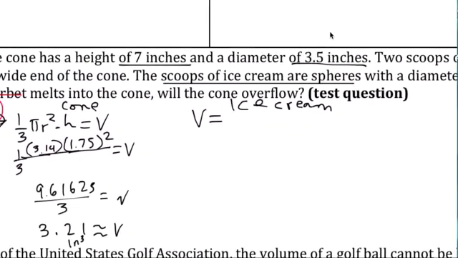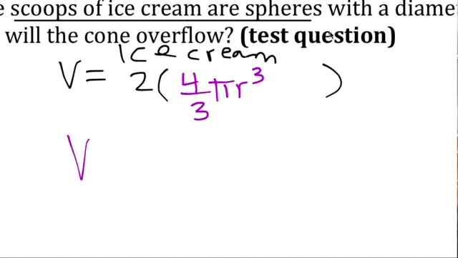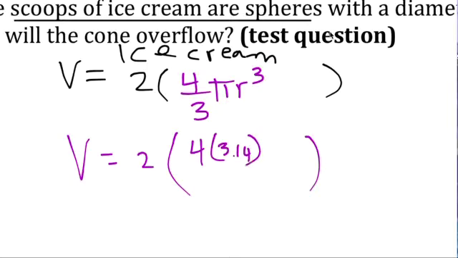So the ice cream, there's 2 of them, so 2 times the volume of a sphere, because it's in the shape of a sphere, 4/3 pi r cubed, and the radius is 1.1. So volume equals 2 times 4 times 3.14 times the radius, which is 1.1 cubed. Get that answer divided by 3.